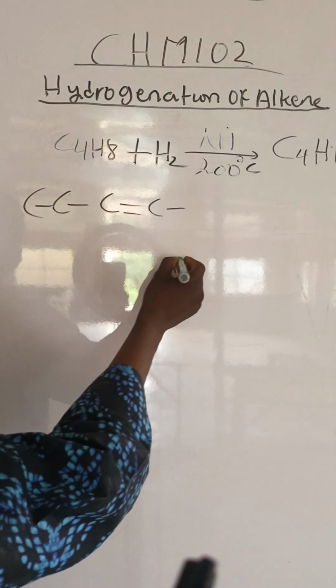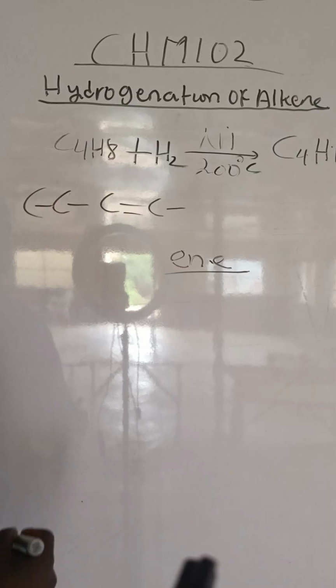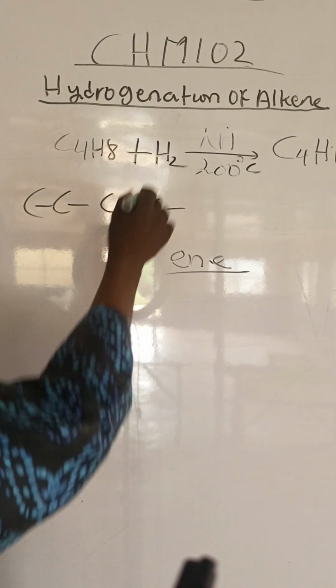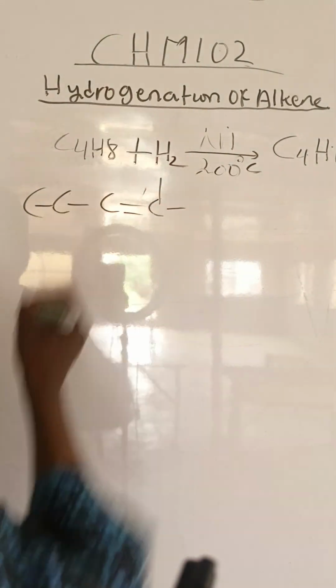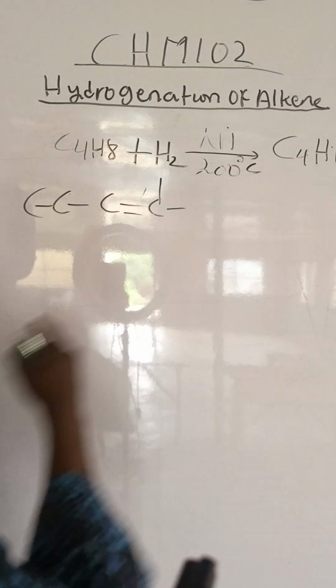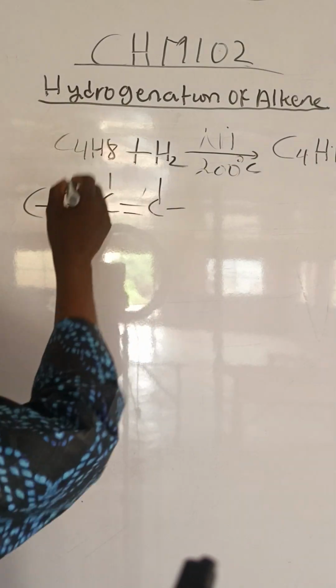Don't forget, when you are dealing with ENE, the functional group bond is the double bond, which means it contains 1 sigma bond and 1 pi bond. Now, don't forget that the bonds on each carbon must not be greater or less than 4. Then you put it here.